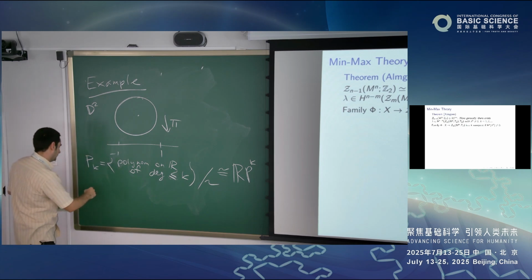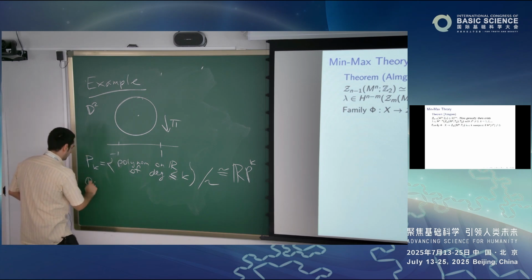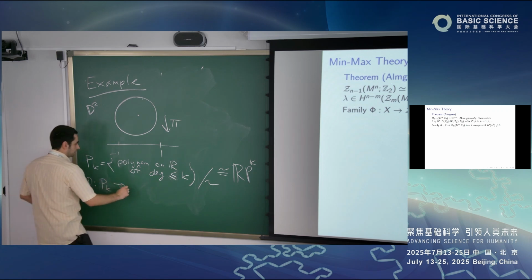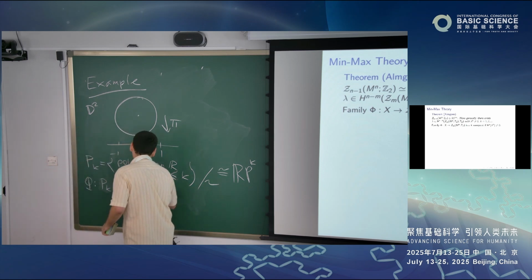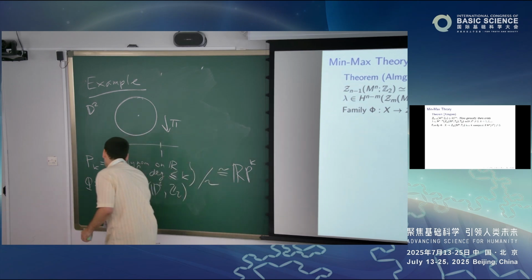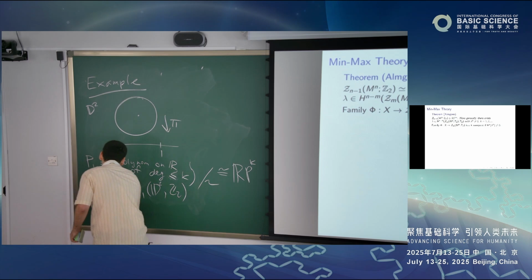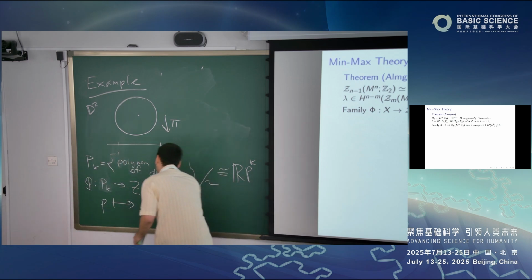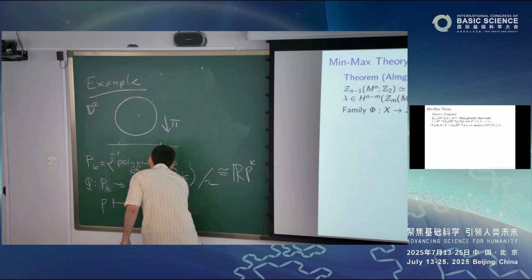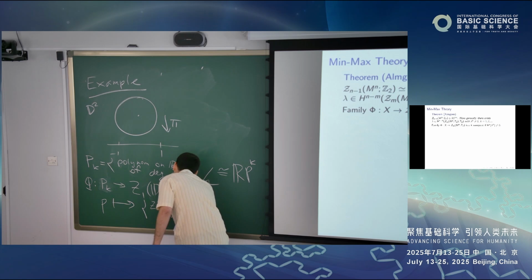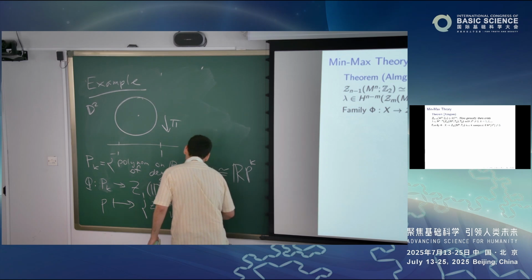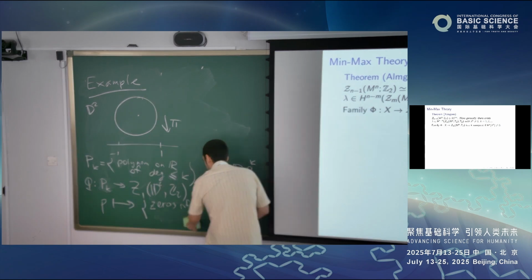Consider a map from P_k into the space of one cycles on the disk with Z2 coefficients, which takes a polynomial and sends it to the zeros of p, counted with multiplicity modulo 2.